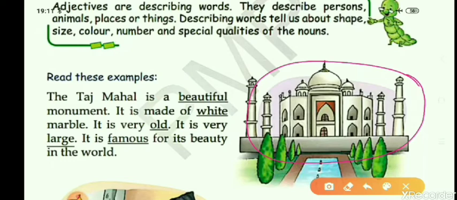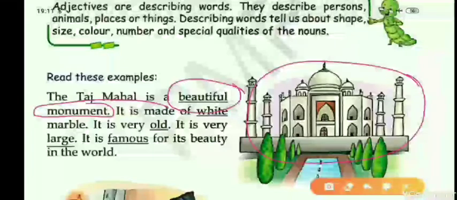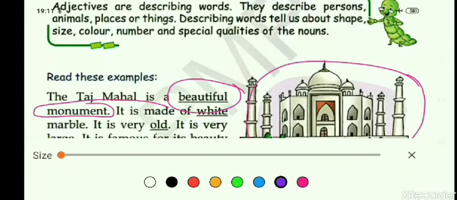Children, here the word beautiful is describing this monument. How is the Taj Mahal? The Taj Mahal is a beautiful monument. It is made up of white marble. What is the color of the marble? The color of the marble is white.